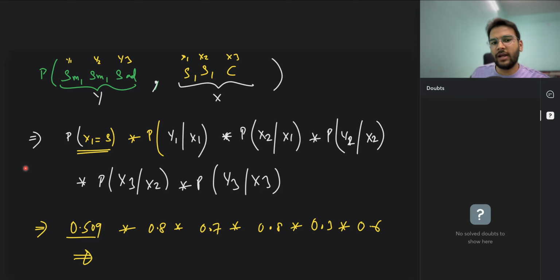So just calculate it, everyone. Just use the calculator and let me know what value you are getting. Just do it quickly. Are you getting the same value?